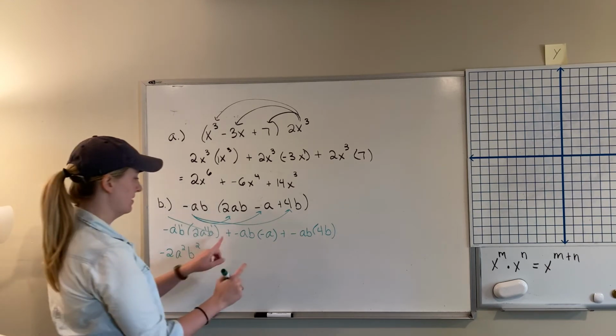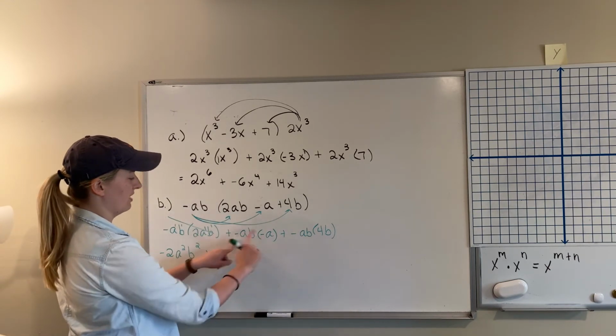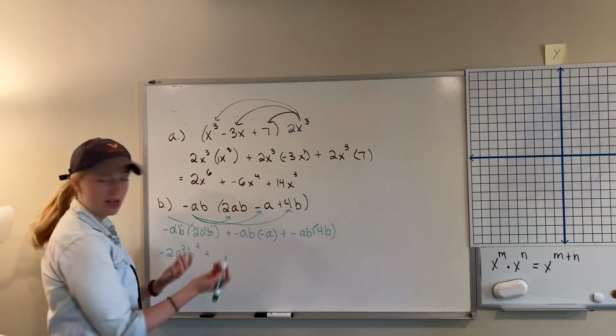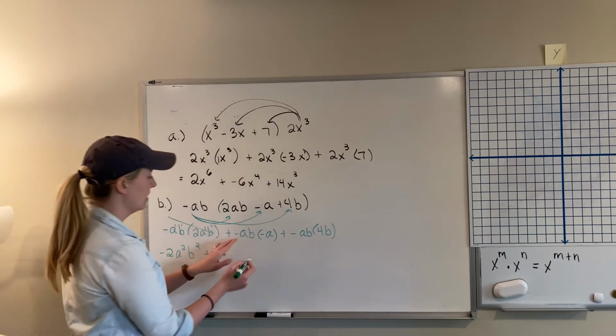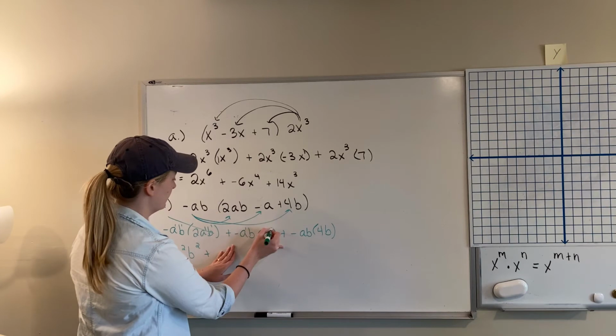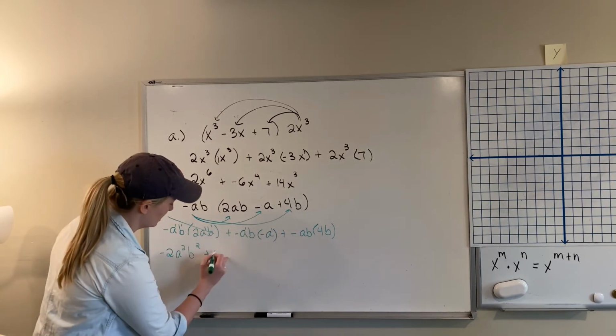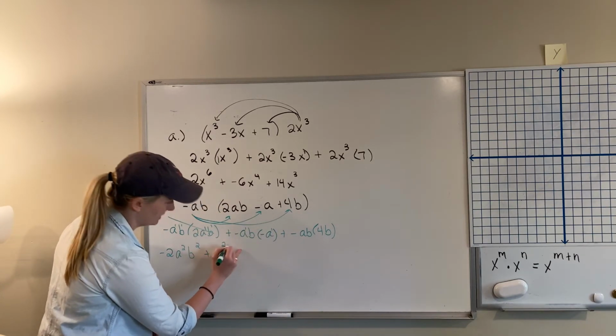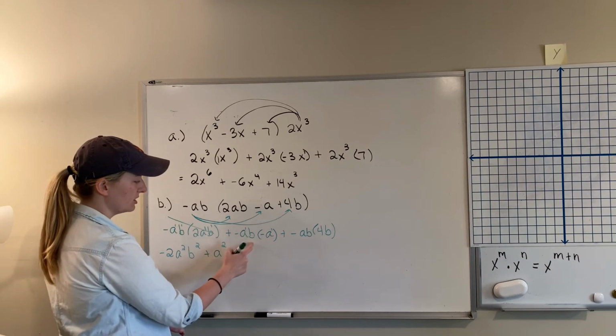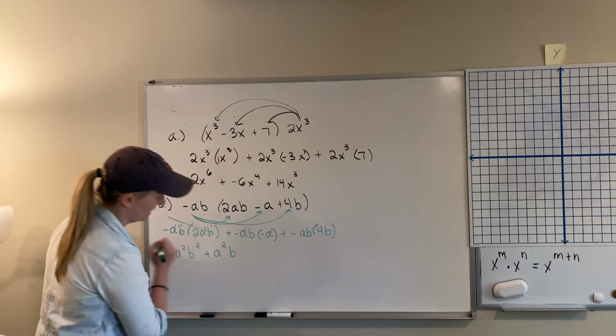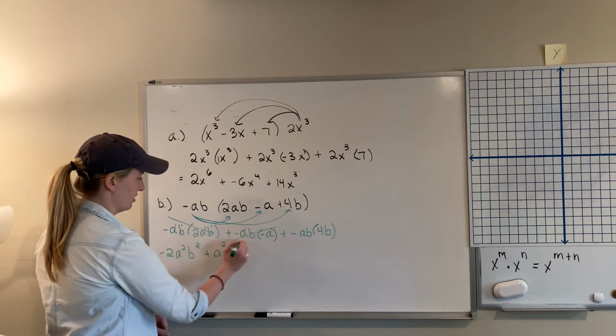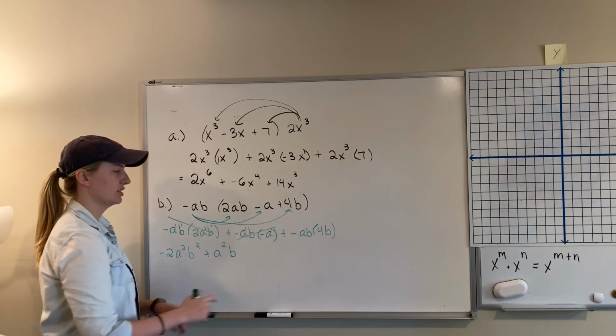Plus, we have negative 1 times an outside negative 1, which is going to be positive. Our two negative signs are going to cancel out. But now we have a to the first plus a to the first is going to be a to the second. There's no b here, so we're just going to tack this b on, plus b. This term is done. And now we're on to our last term.